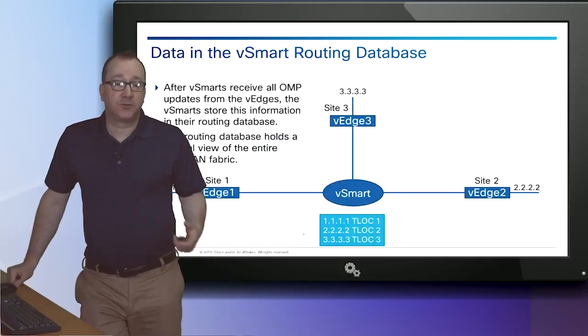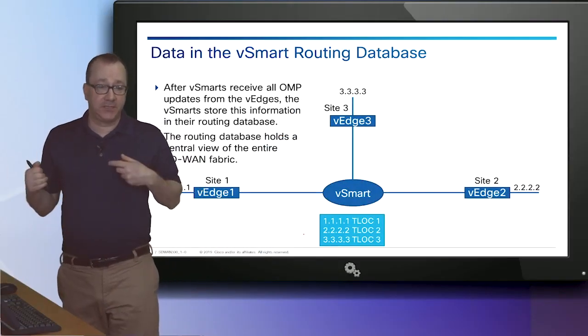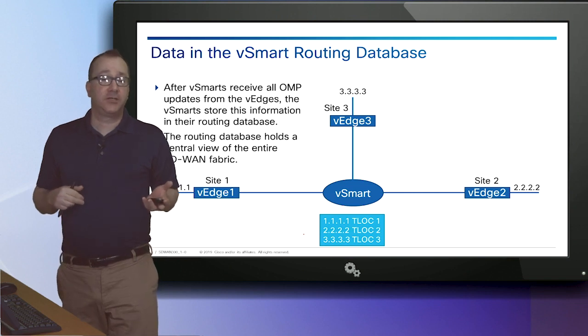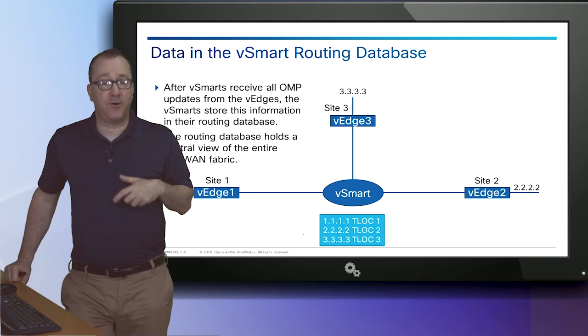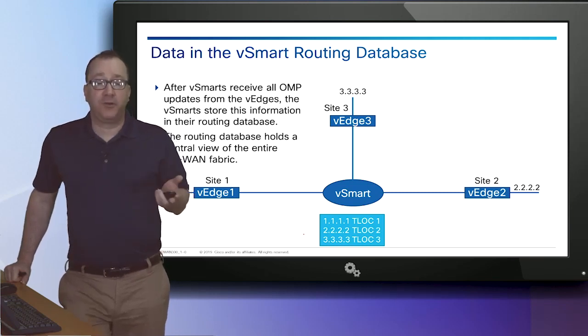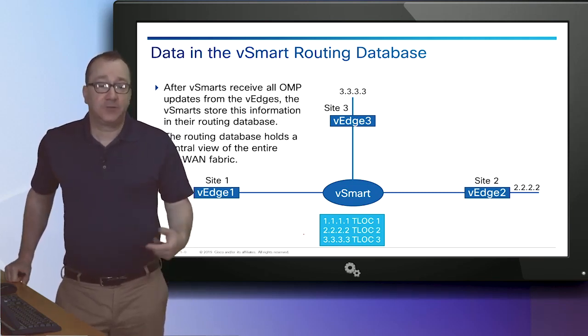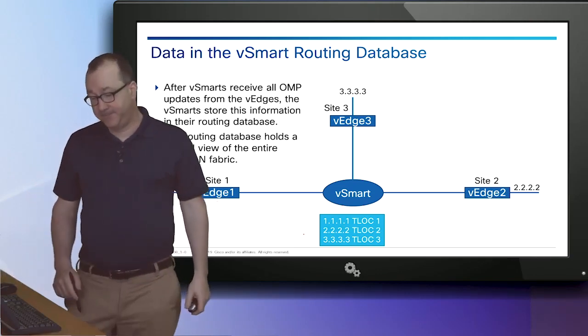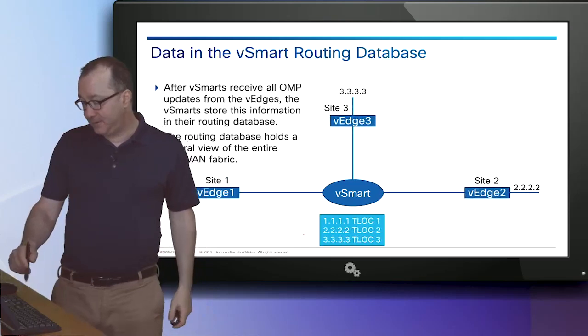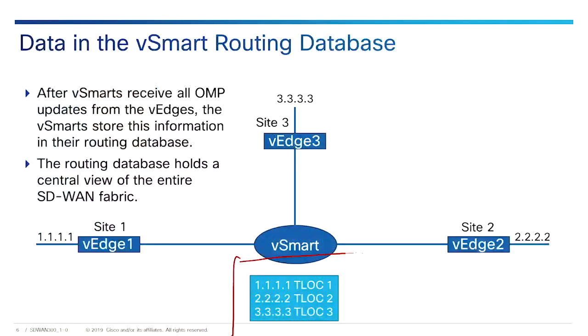After the vSmart controllers receive all those OMP updates from the vEdges, the vSmart controllers store this information in their routing databases. If an incoming policy modifies those OMP updates, the vSmarts store only the modified information. This way, the routing databases hold a central view of the entire SD-WAN fabric. Okay? So vSmart is aware of everything.